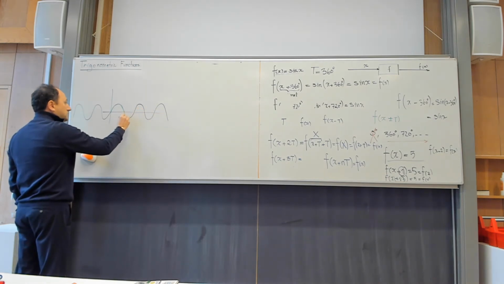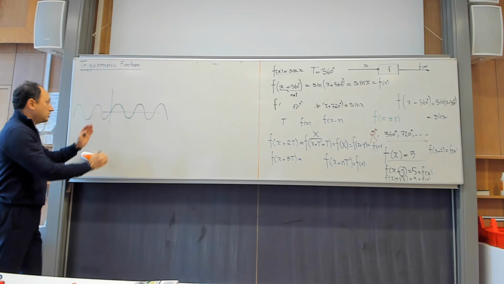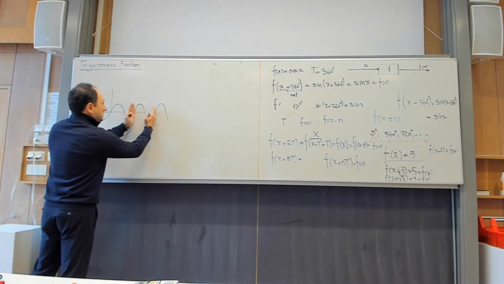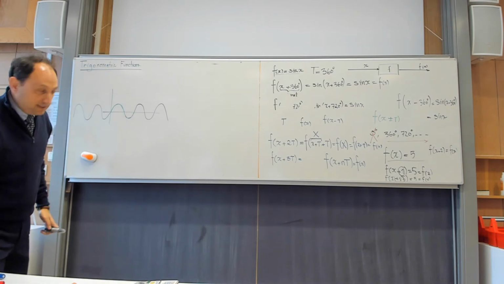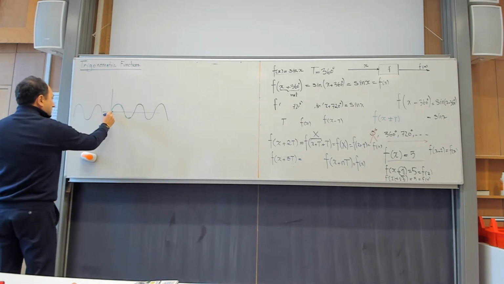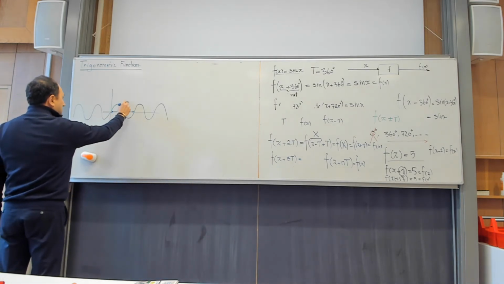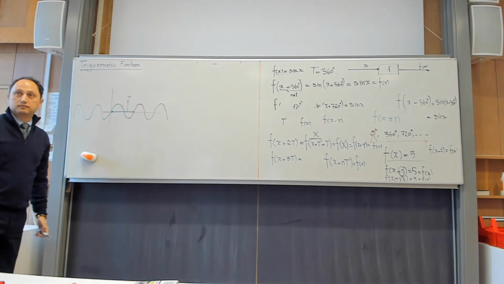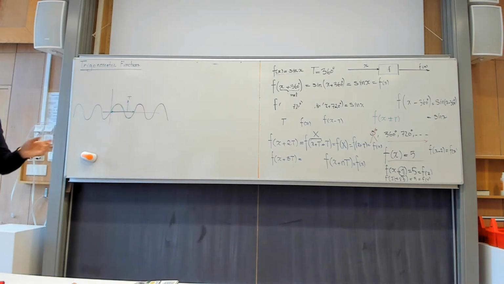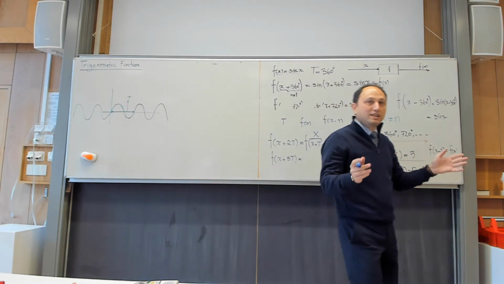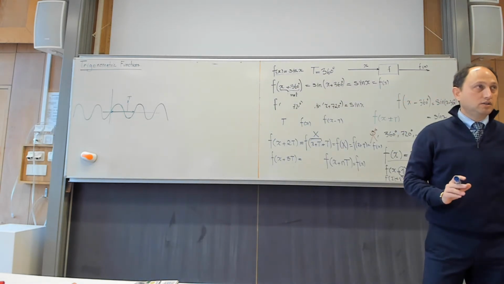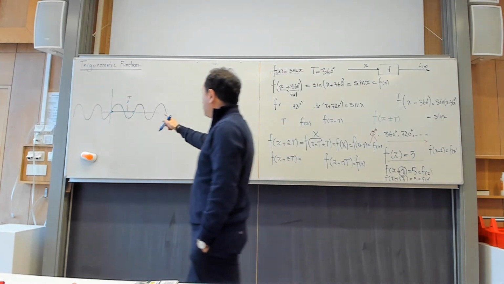For example, this one, do you agree? If I start copy and pasting this part, I will generate this one. Yes or no? And then this length is the period. That is exactly what I am adding or subtracting without any changes. So that is exactly the period.